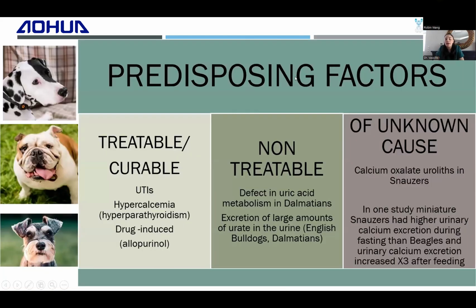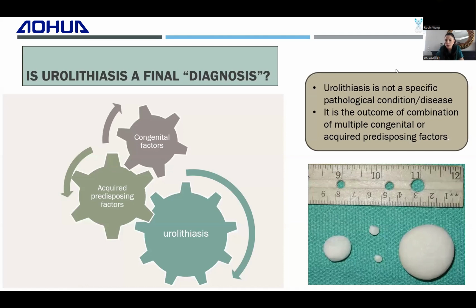So, what is urolithiasis? Is urolithiasis the final diagnosis? This is a pathological condition. It's not a specific disease or syndrome, but the outcome of a combination of multiple factors that contribute to the formation of the urolith.